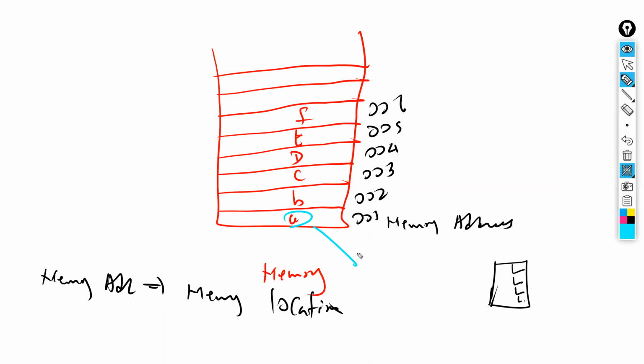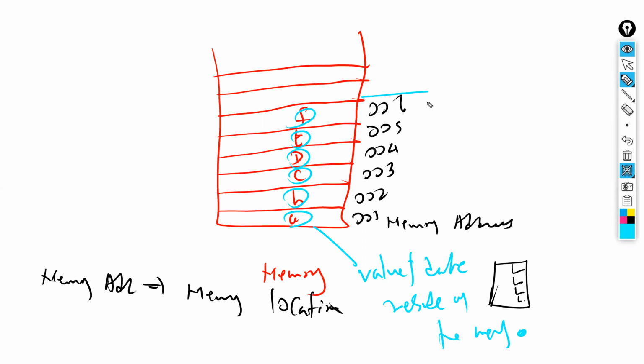These are values of the memory. Value or data reside in the memory. So memory has memory addresses or memory locations, specific addresses, and it has a space where we can put the values or data, right?